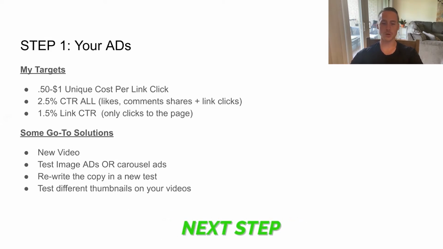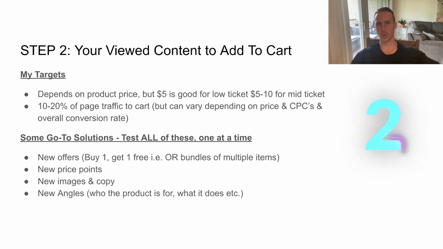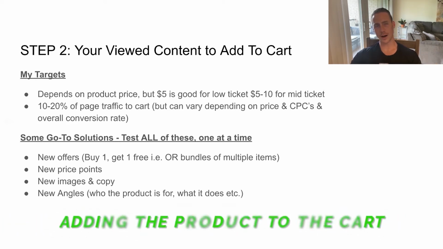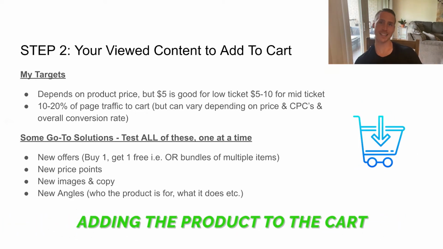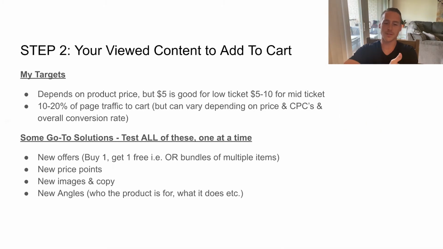Next step after someone goes to your page is what you're paying to get someone to go from looking at the page to actually going to the cart, adding the product to the cart. So expressing that next level of intent, of interest, okay? So what you wanna think about here is, I always say you want about a $5 cost per add to cart.